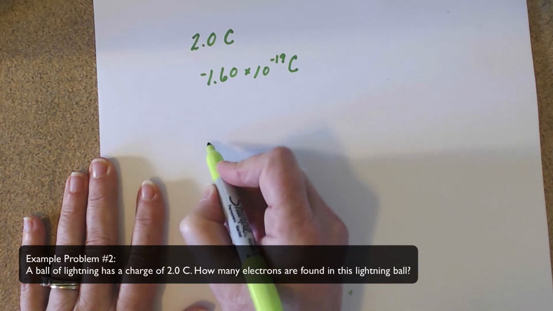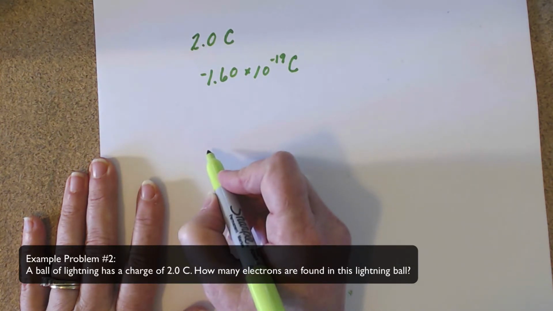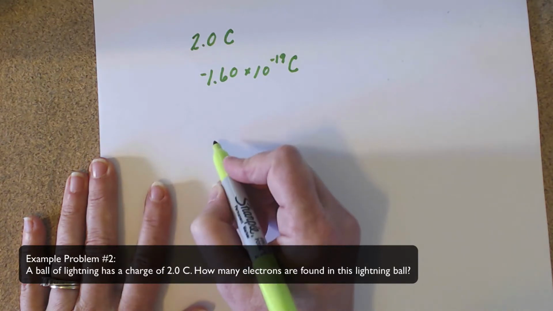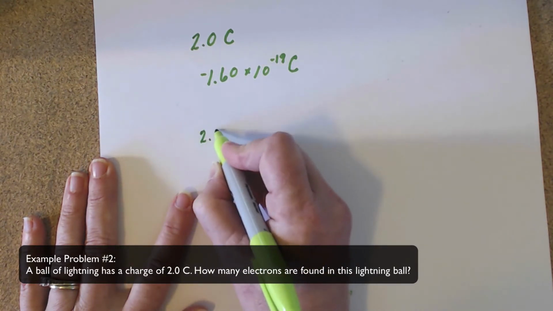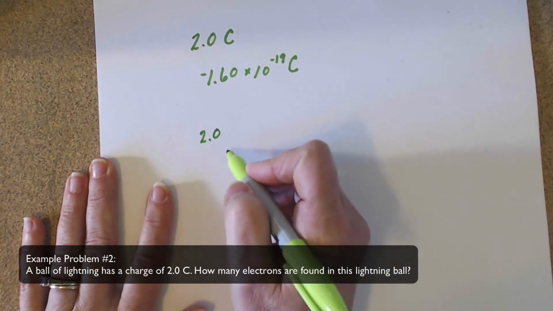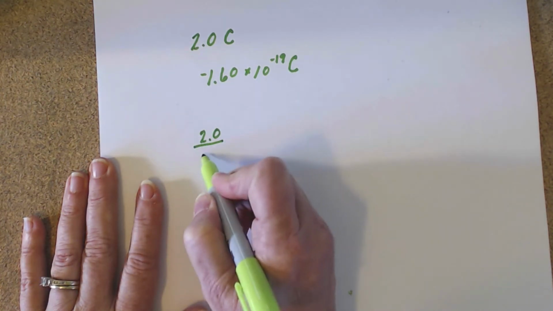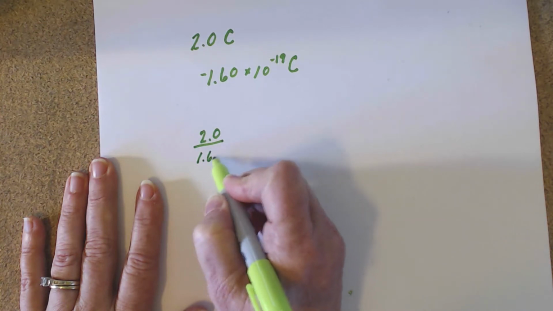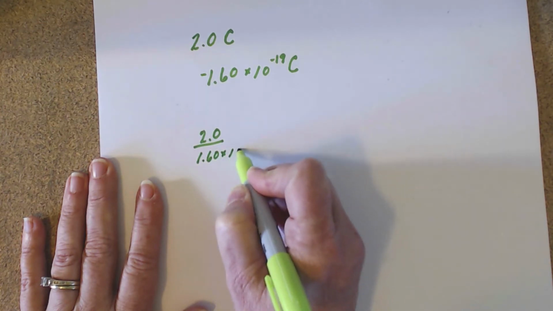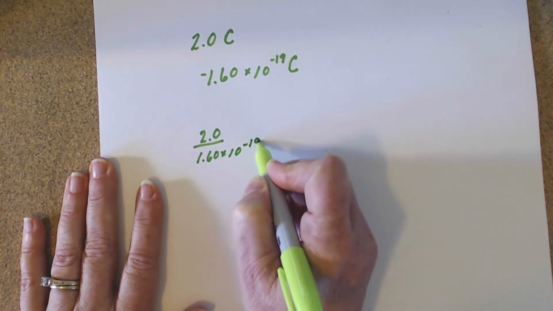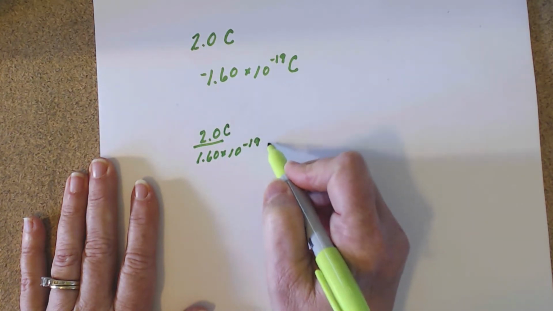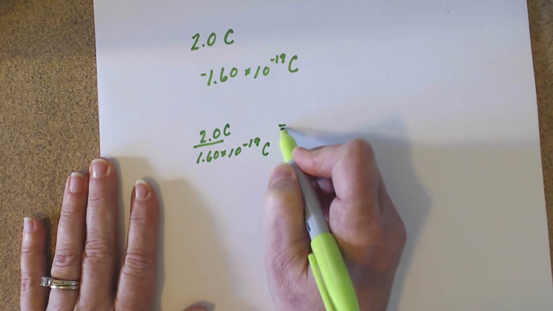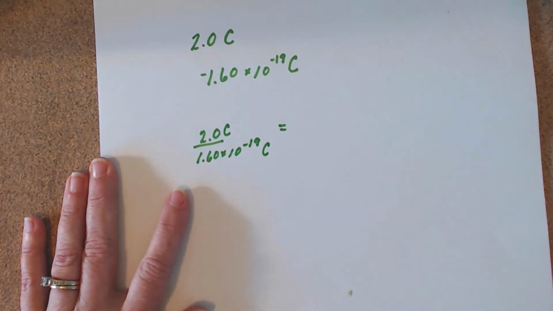To find the number of electrons, we're going to take our charge of 2 coulombs and divide that by the charge of 1 electron to find the total number of electrons.